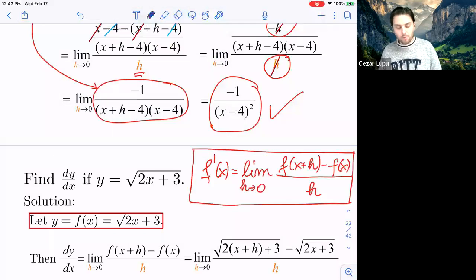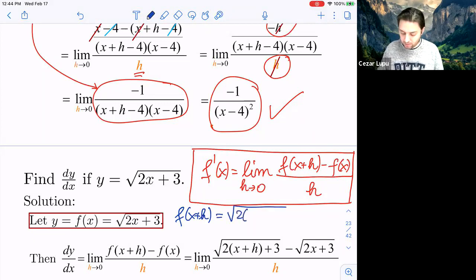All right. So by doing so, as you can see, we can express f of x plus h. So you see f of x is the square root of 2x plus 3. So f of x plus h is the square root of, and now I'm going to replace x with x plus h, so it's 2 times x plus h plus 3.